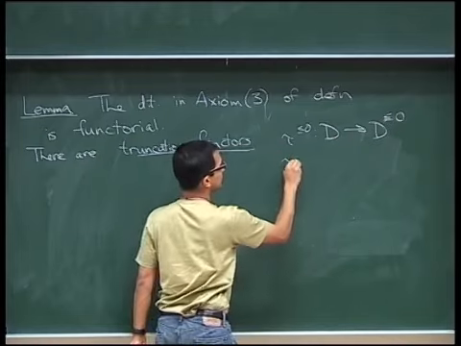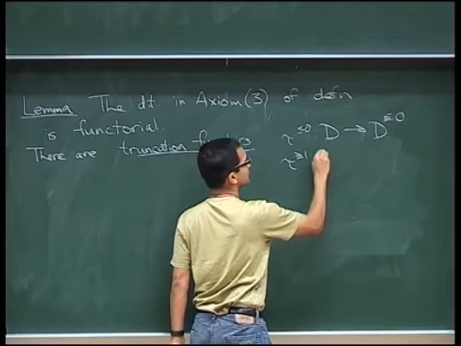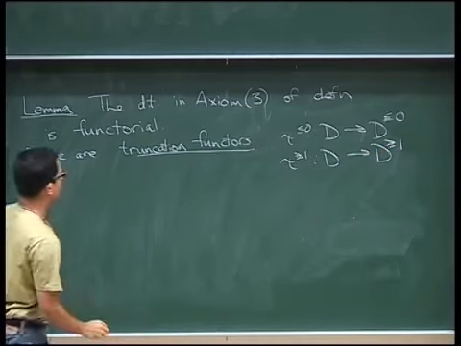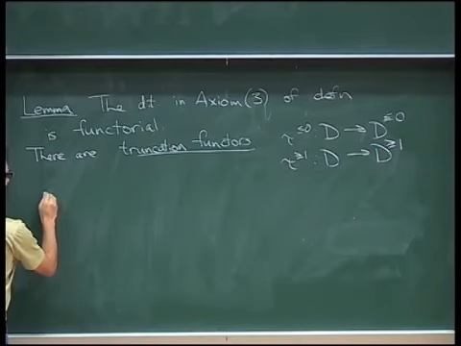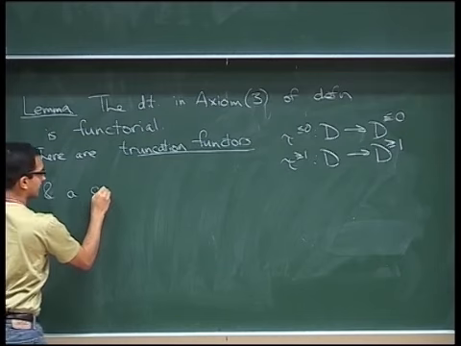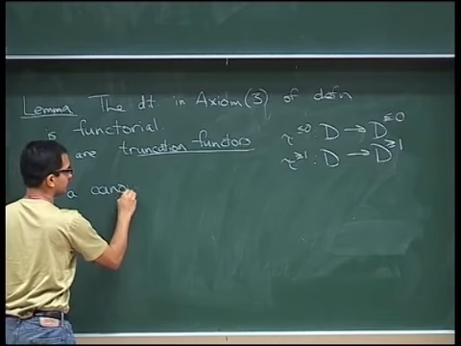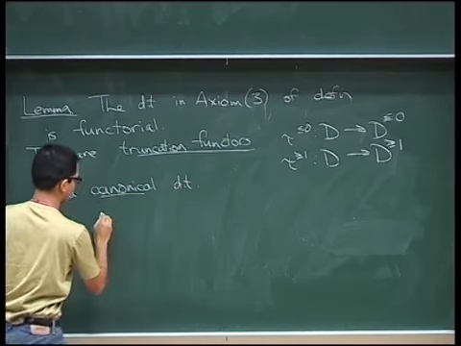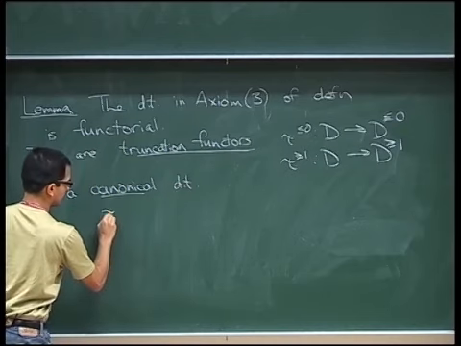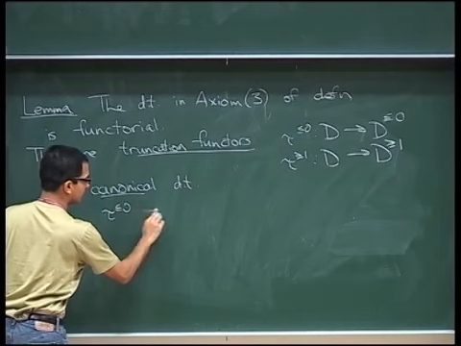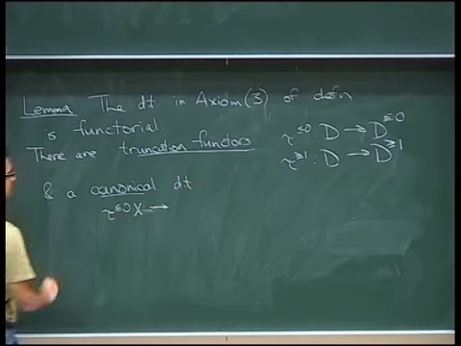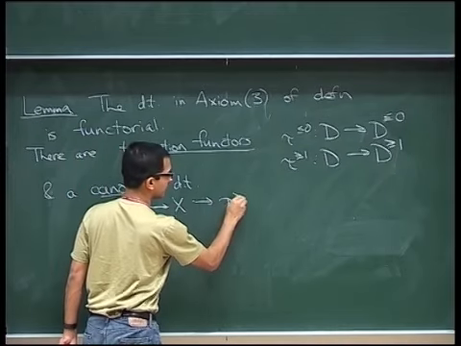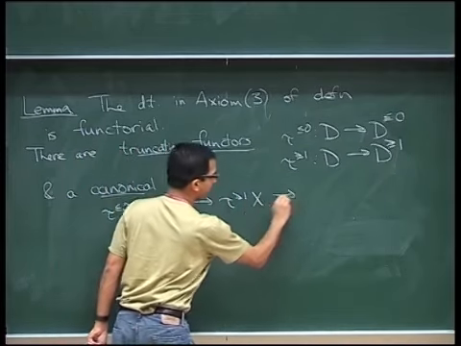So I'm going to write down two specific ones, which are the two specific ones we need for that triangle, together with a canonical distinguished triangle, which takes the less than or equal to 0 truncation of x to the greater than or equal to 1 truncation of x.